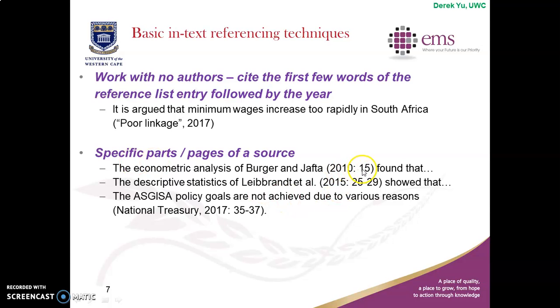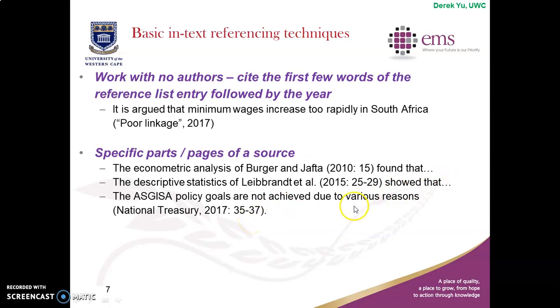And then in case you really have to mention a specific page or pages of a study, maybe you want to particularly point out that this study, Berger and Yafter, 2010, on page 15, they really ran the regression. Then the econometric analysis on page 15 found X, Y, and Z. Then in this case, you have to show the page or the pages. This is another example, Libran et al., on pages 25 to 29 of the 2015 study, they really conducted some descriptive stats, and then the results show... Last one, maybe the National Treasury 2017 on these 3 pages, 35 to 37.